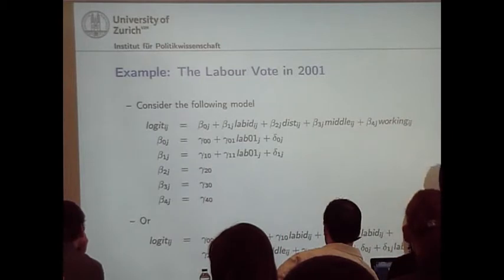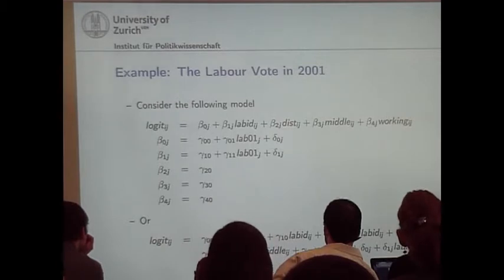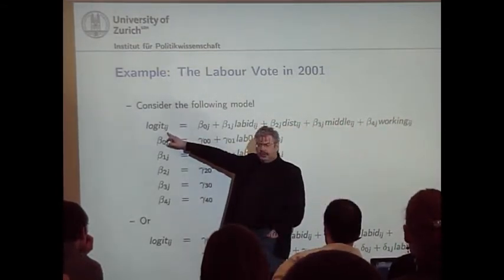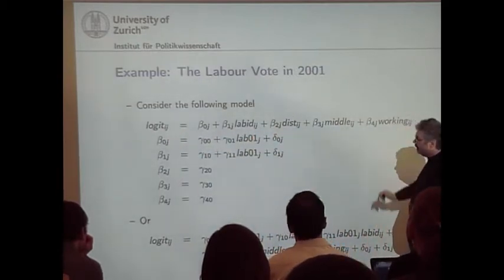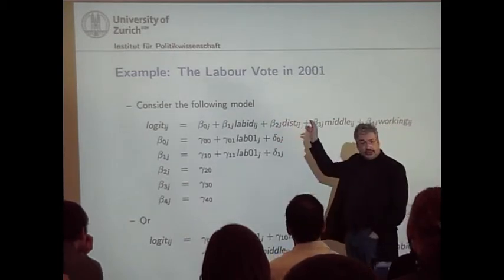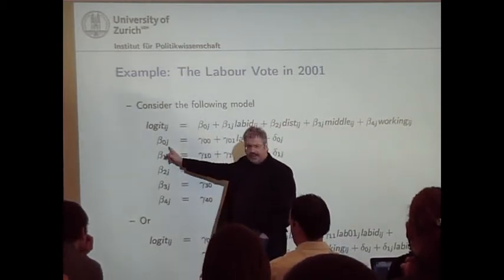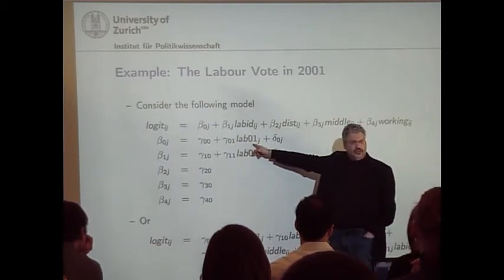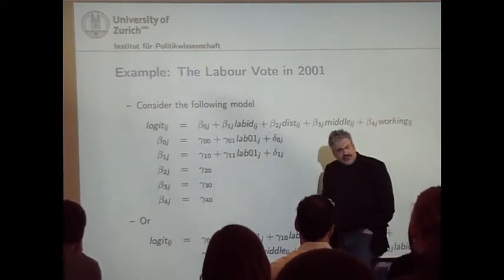Now what I'm going to do is create a random intercept and slope model that also has level 2 covariates. The level 1 model is essentially the same as before, the same predictors, but we now let the intercept vary as a function of Labor's vote share in the district in 2001. And we have a level 2 error term, delta 0.